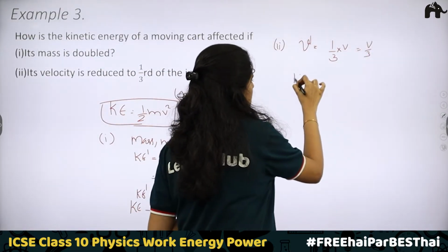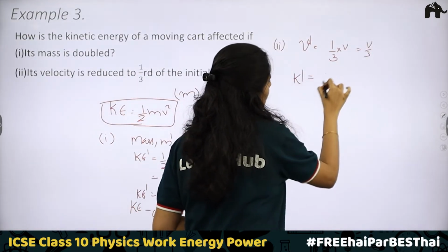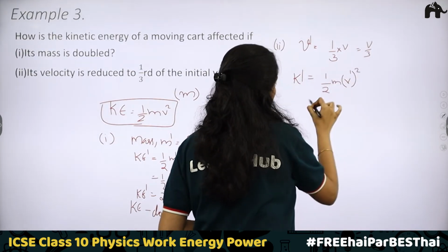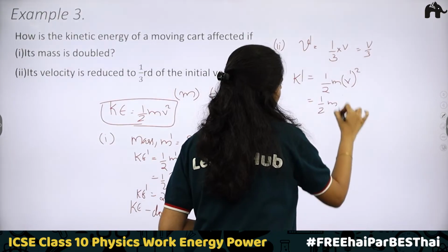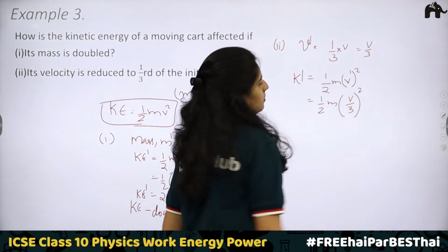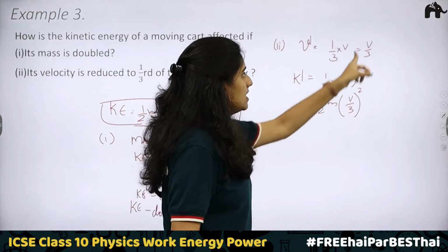Now kinetic energy K dash is equal to half m v dash square, that is half m, v by 3 whole square. Okay, v dash is v by 3.